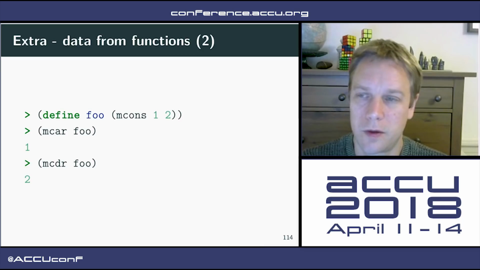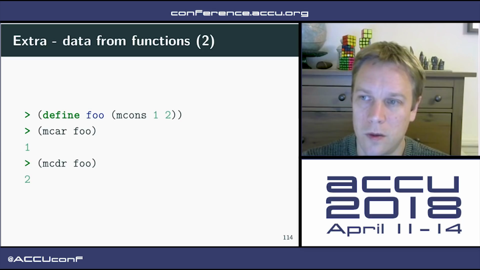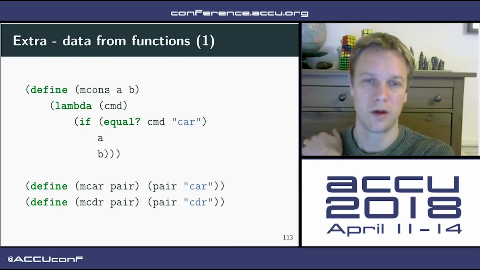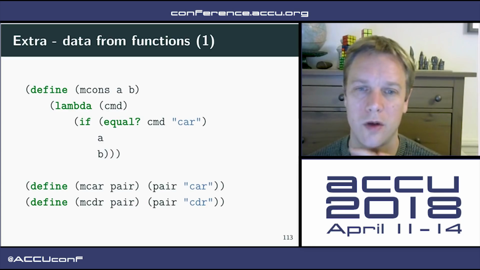So what we've done is we've implemented our own version of cons, car and cdr without using any of the cons, car and cdr stuff that exists in Scheme. We've just written it using plain old functions. So let's go back to the plain old functions. mcons takes in those two arguments and it just holds them in its closure.